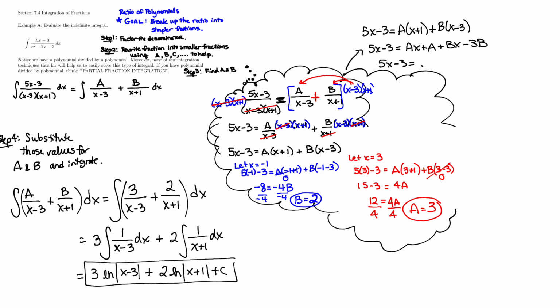And then notice that A and B are both paired with the x, and the other things are not. What that allows you to do when you make that observation is create 2 equations, because A plus B, the number in front of x, has to be 5, and A minus 3B, the coefficient, has to be negative 3.